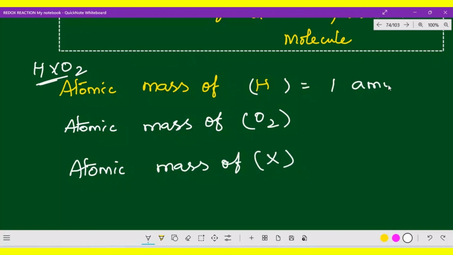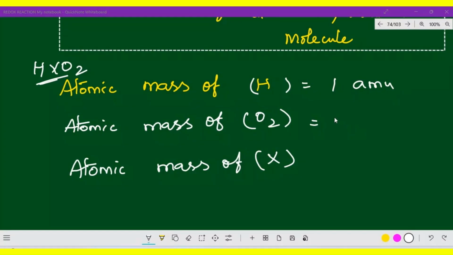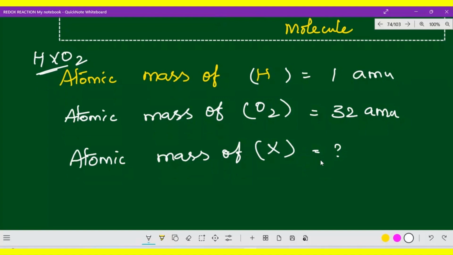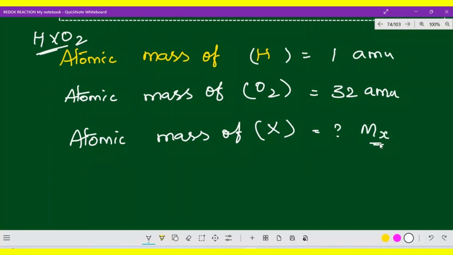So this is 1 AMU, and here 32 AMU for O2, and X we have to identify. We can take it as MX.